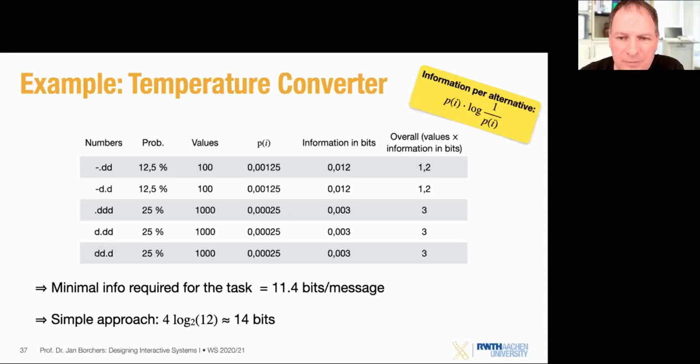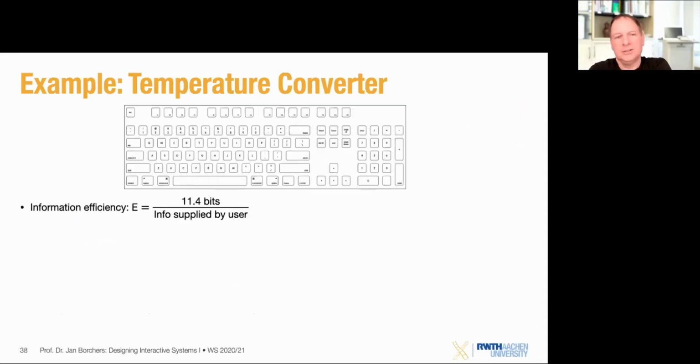And so now we can say, well, how do we actually enter this data? I now know that information efficiency is computed as the theoretical minimum, which we've determined for our setting to be 11.4 bits, divided by the information that the user supplies.